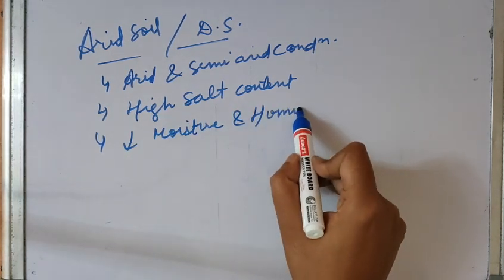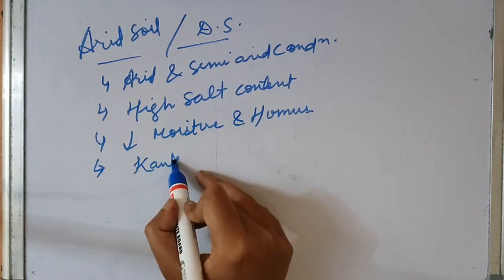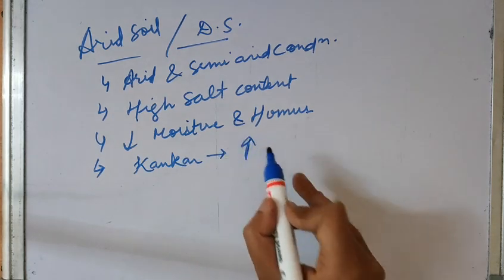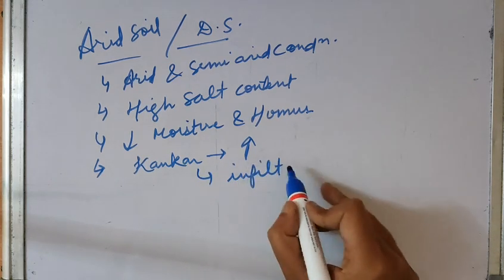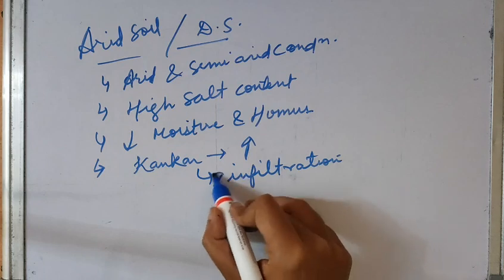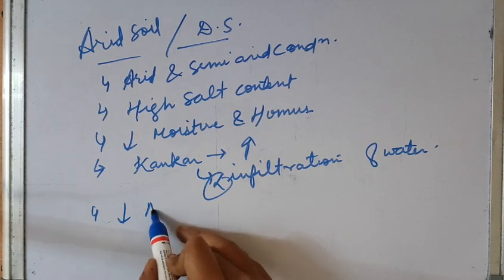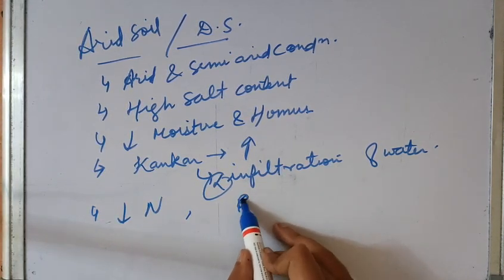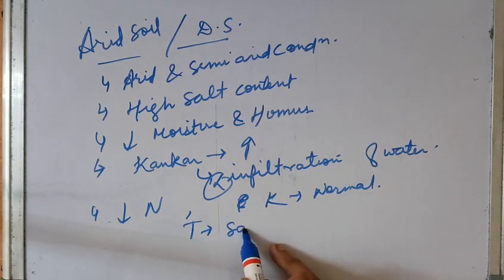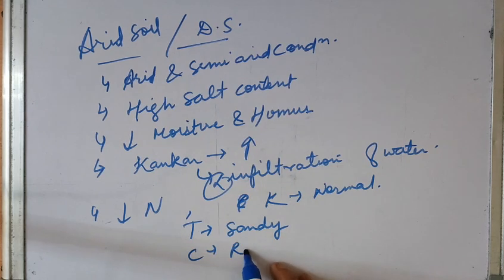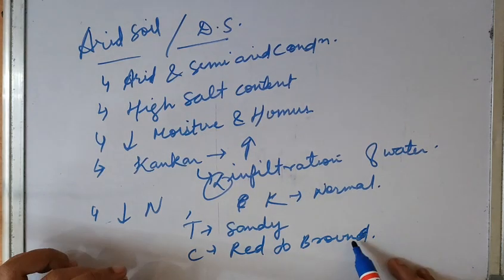Lack of moisture because it is seen in areas of low rainfall. The kankar content, which is calcium carbonate, is very high, which restricts the infiltration of water. Nitrogen is low, and potash is normal. Texture is sandy, and color is red to brown.